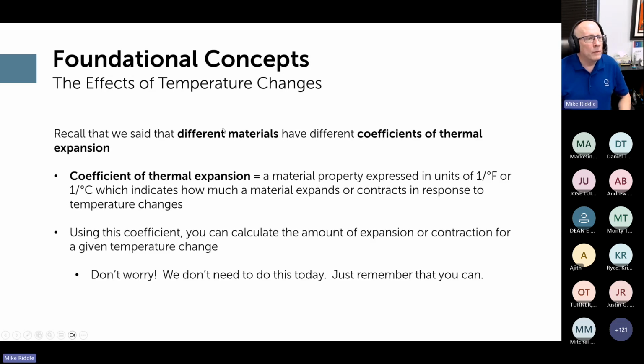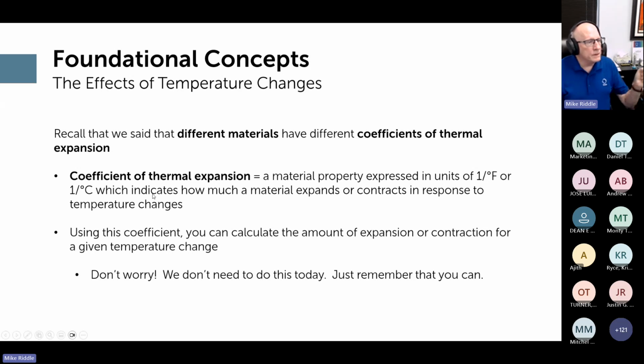So recall that we said a long time ago now that different materials have different coefficients of thermal expansion. Didn't define what that was before. Now we'll define it here. The coefficient of thermal expansion is a material property. It's expressed in units of per degree Fahrenheit or per degree Celsius.